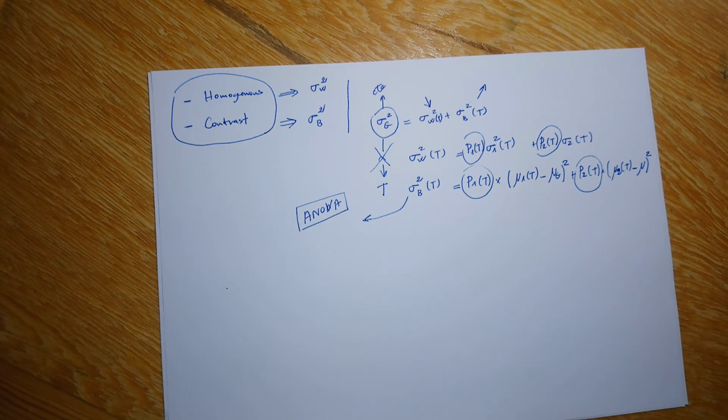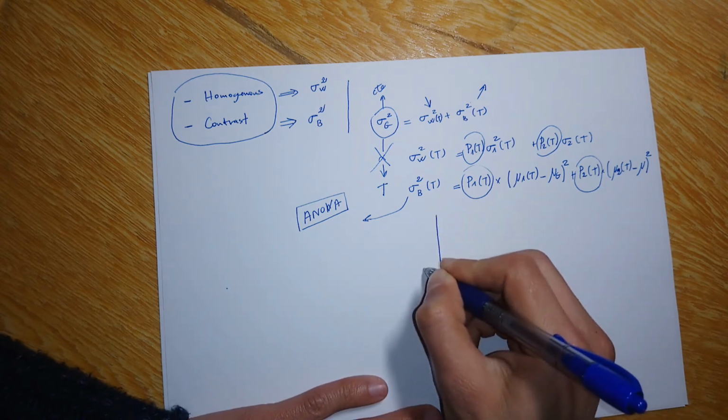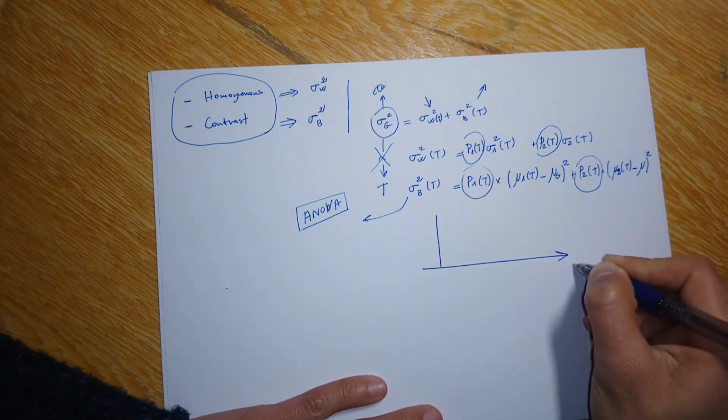Now generally what we do is we try to increase the between class variance. We do so by considering all the possible thresholds.